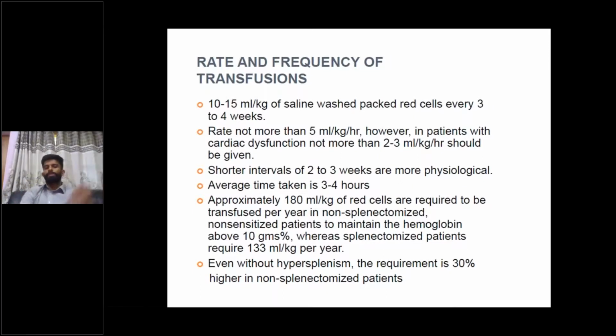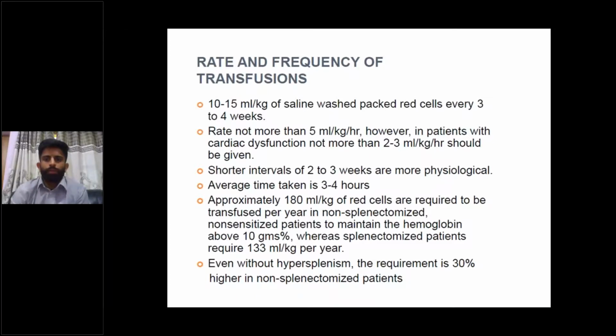But what if the patient is a really small child and he weighs around 5 kgs? You can't give 350 ml of packed RBCs here because there'll be cardiac overload for that particular patient. So here you need to go for around 10 ml per kg. So if the patient is around 5 kg, you just have to give 50 ml or maybe up to 75 ml.